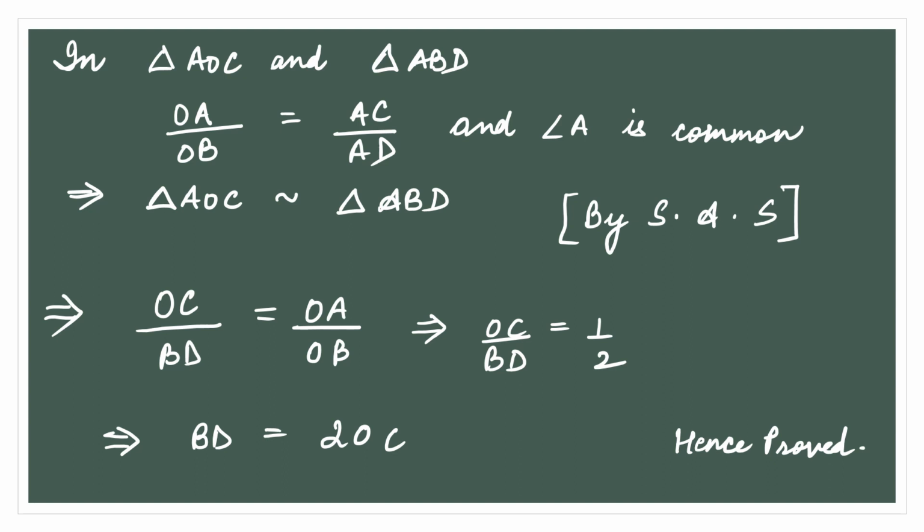Therefore OC upon BD is equal to OA upon OB is equal to 1 by 2. Therefore BD is equal to 2 times OC.